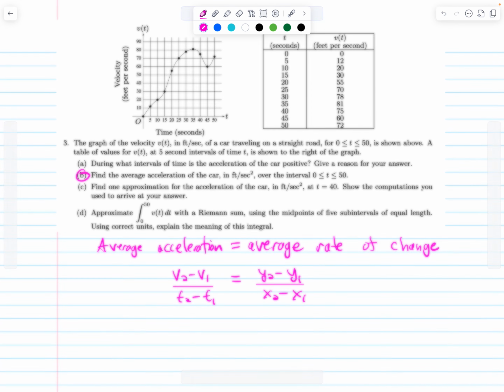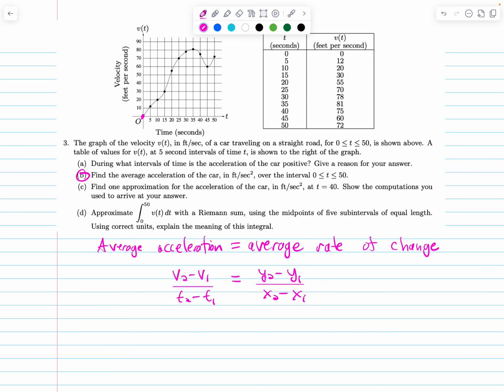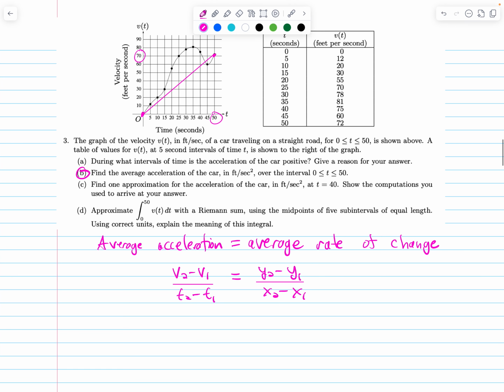And the period they're talking about starts at 0, 0 and ends at 50 seconds on the x-axis and 70 seconds on the y-axis. They literally just want the slope of that line from the beginning to the end of the interval. That's all. That would be the average rate of change of velocity, and that would be the same as the average acceleration.